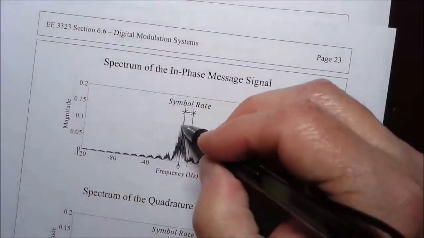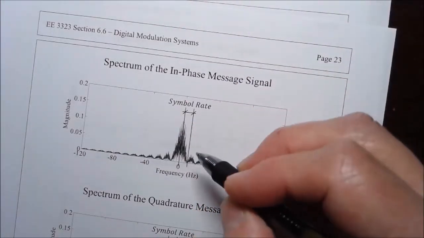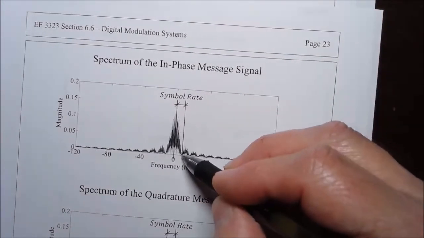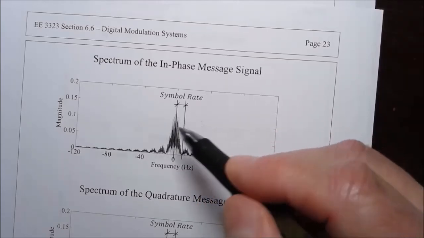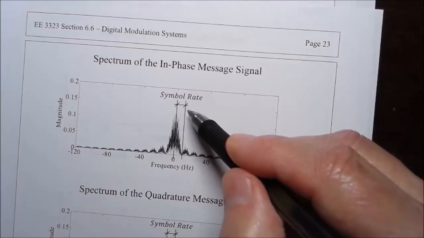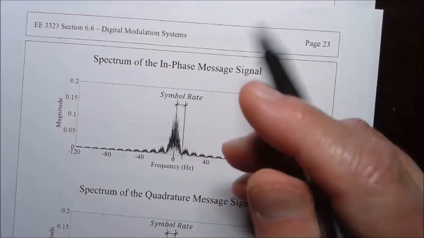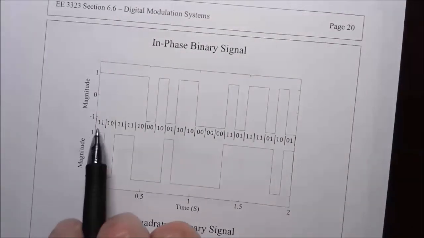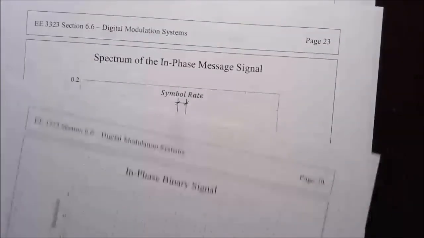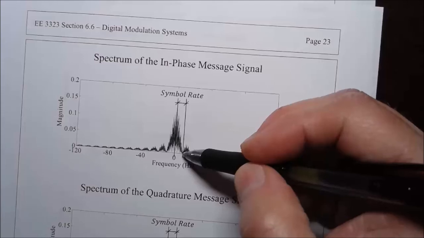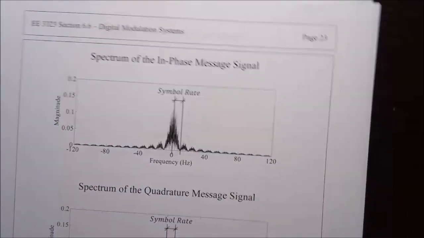And again, it has this sinc squared shape, and it has a first null here at not the initial bit rate, but at the symbol rate. We're sending a certain number of 2-bit words per second, so we have a certain number of symbols per second. So this bandwidth is equal to the symbol rate.